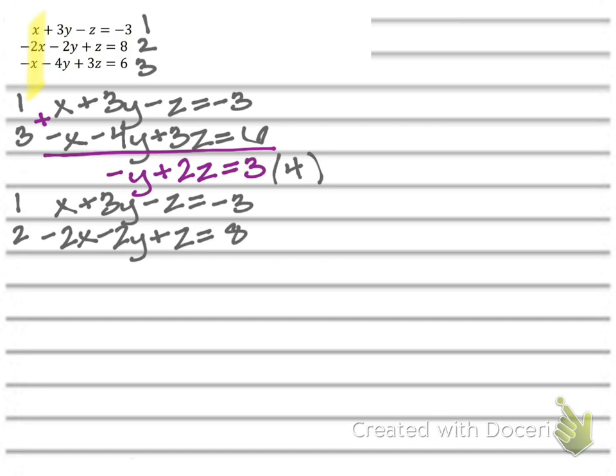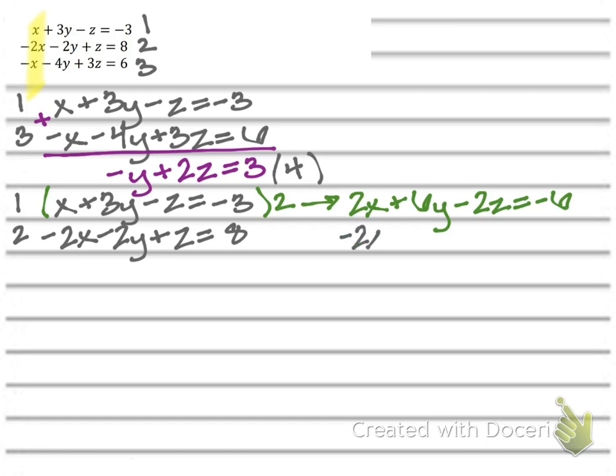So to be able to get rid of x, I'm going to have to multiply the top equation by 2, right? So I'm going to have 2x plus 6y minus 2z is negative 6. And I didn't change the bottom one at all.